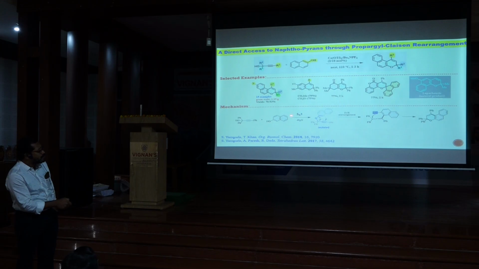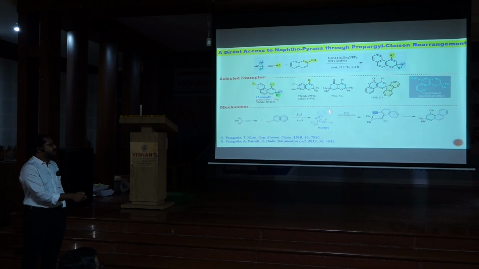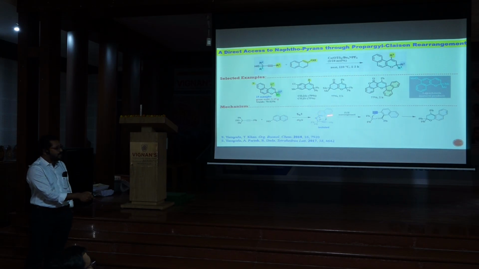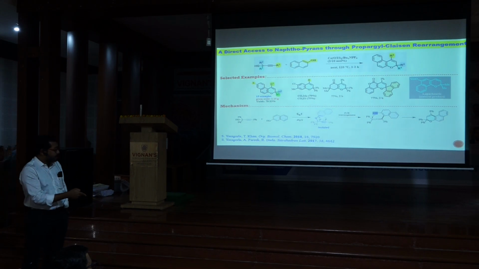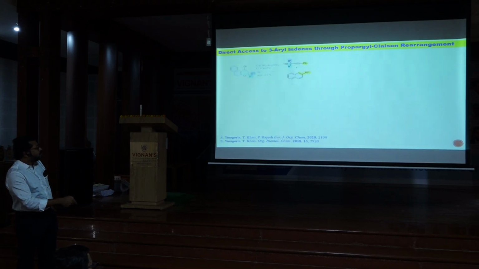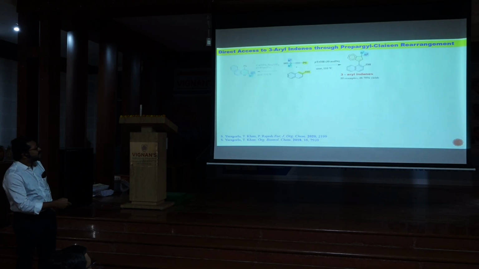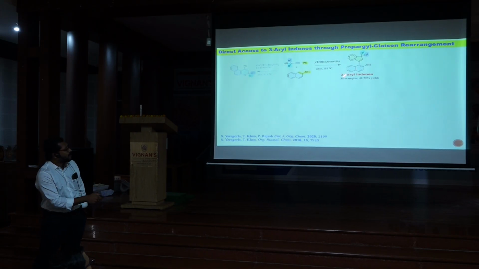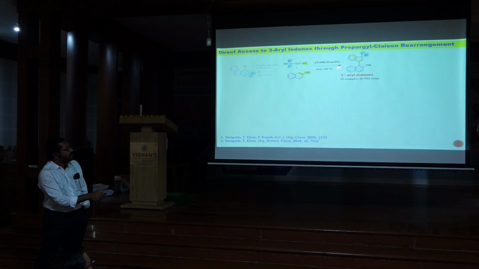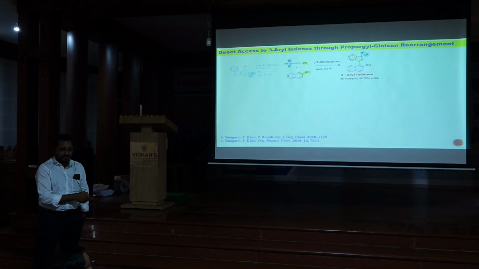As proposed, we were able to isolate the propargyl ether in this reaction, indicating that this is proceeding through propargyl-Claisen rearrangement, and then cyclization at sp2 carbon gave the naphthopyran. During this process, we also studied some of the Brønsted acids, and interestingly, a Lewis acid gives the naphthopyran, whereas a Brønsted acid gives 3-aryl indenes.